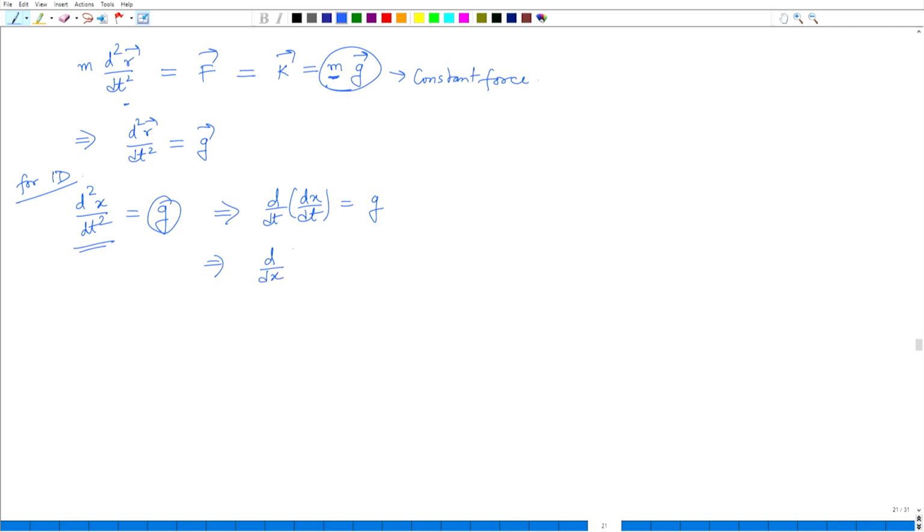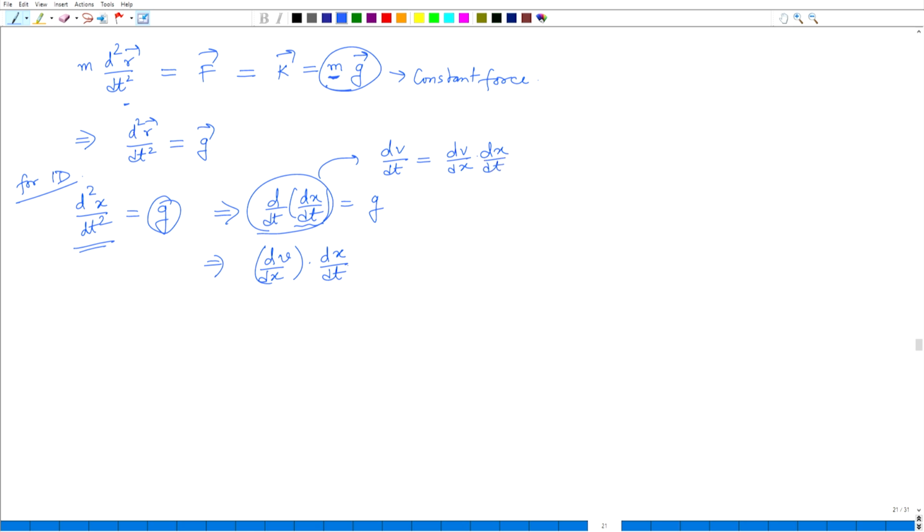And then again I can write this as d/dx, okay. So, this is v, so v times dx/dt. I am simply writing this as I did already in the first or second lecture: dv/dt is equal to dv/dx times dx/dt.